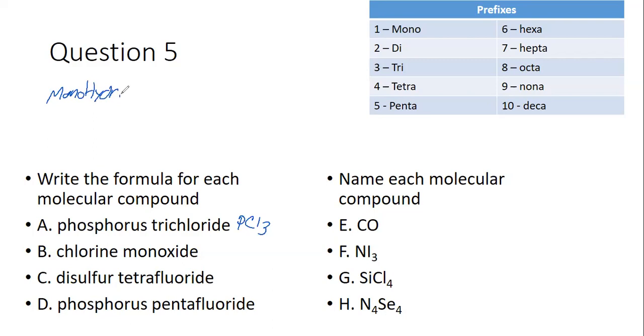Monohydrogen dioxide. Monohydrogen dioxide, right? Because monohydrogen dioxide can be toxic if you have too much of it. It corrodes metal.